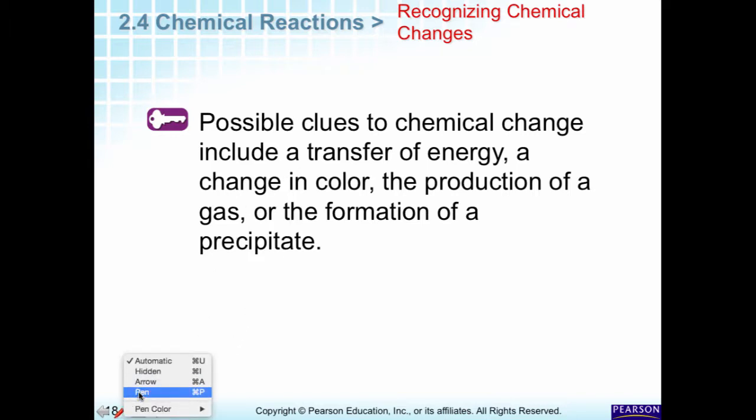The first thing is there's usually a transfer of energy. So maybe it's absorbed some energy or it's released some energy. Oftentimes there's a change in color or bubbles or precipitate. Now precipitate, remember, is when a solid comes out of a liquid.